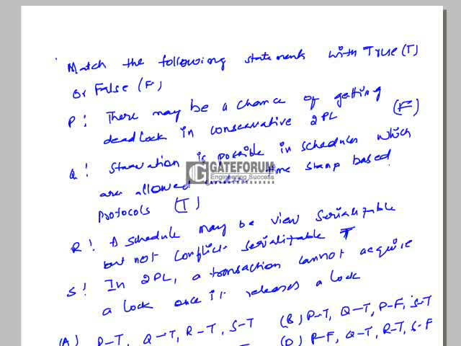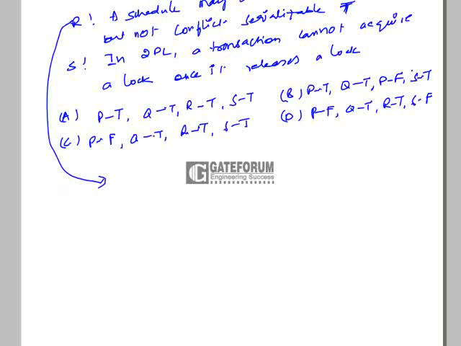We can show the relationship between view serializable and conflict serializable schedules by this diagram. So these are view serializable and these are conflict serializable. If a schedule is view serializable, it need not be a conflict serializable schedule. So statement R is true.